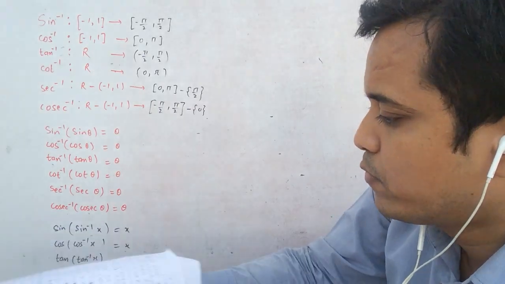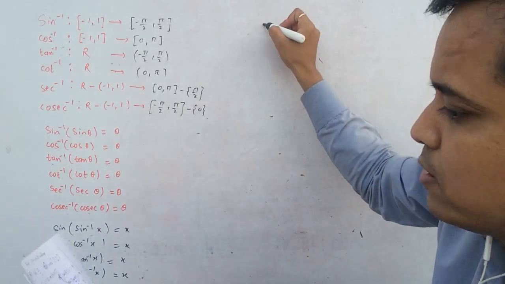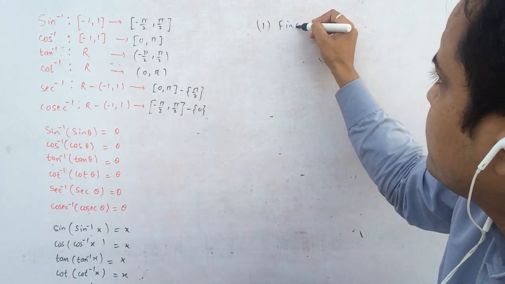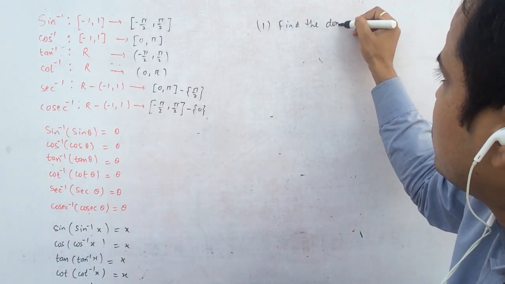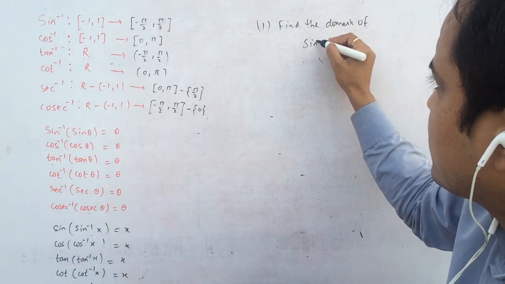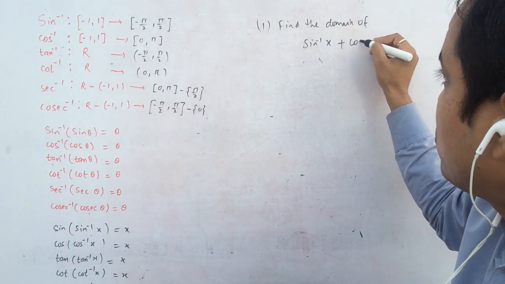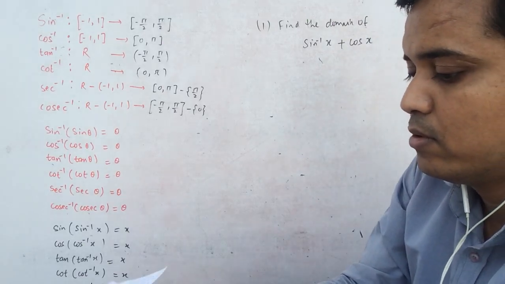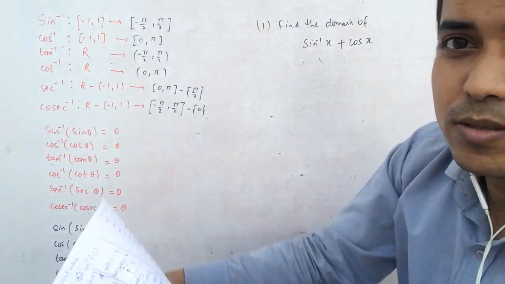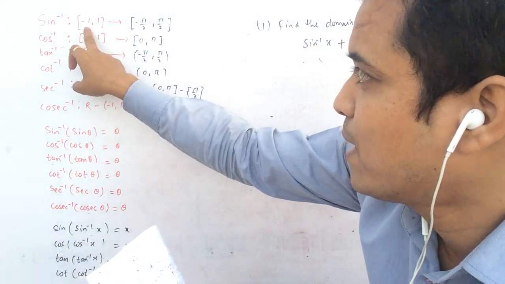So the first question we are going to start with: find the domain of sine inverse x plus cos x. Here we know the domain of sine inverse. You can see here it is -1 and 1.